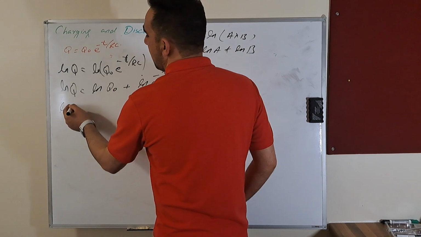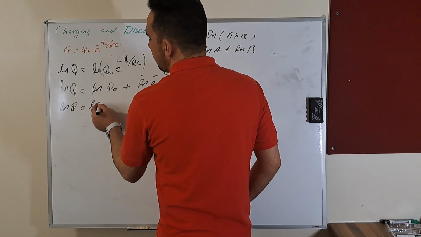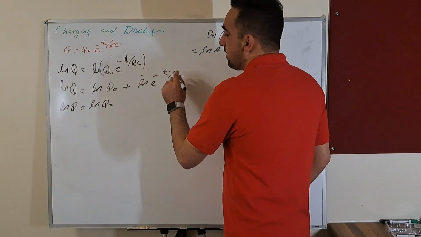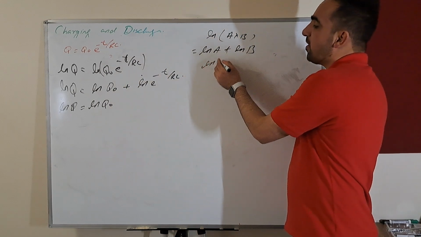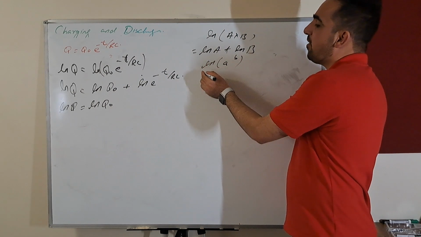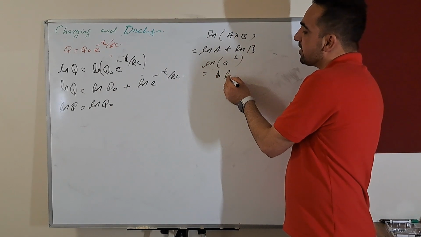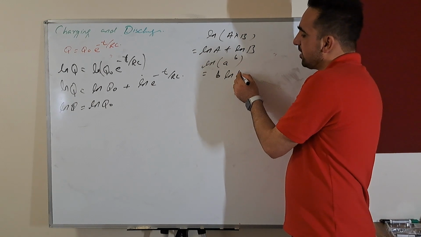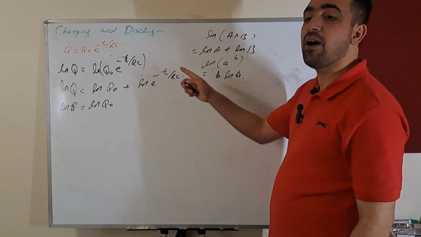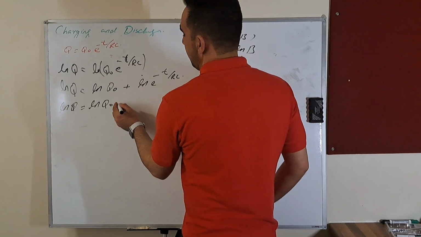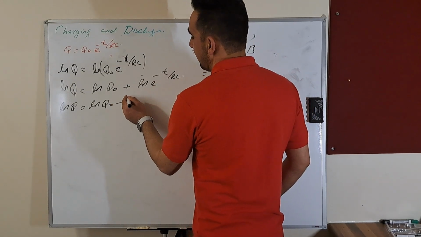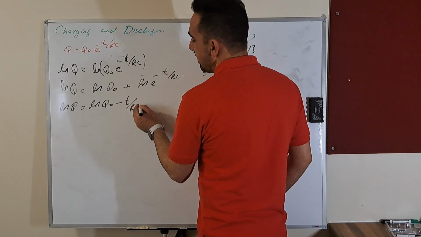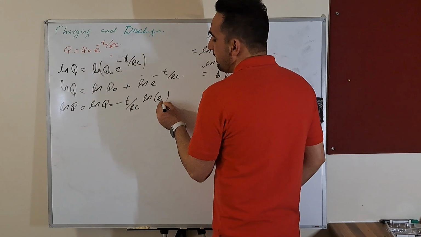Now we get natural log of Q is equal to natural log of Q naught, and there is another formula for log, that is a raised to the power b. So b must be written before the log. Okay, we can write the power outside the log. So it will become equal to minus t divided by RC and natural log of e.